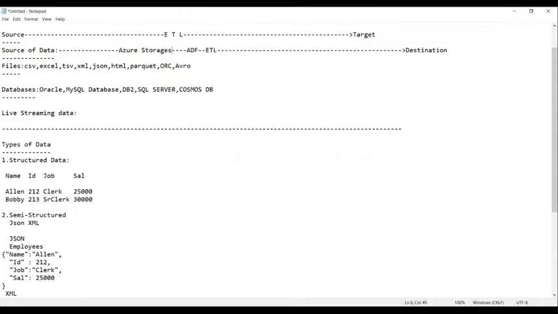From the Azure storages, the data will be picked up by the ADF, that is Azure Data Factory, and then ETL will be performed using Azure Data Factory, and finally the data is sent to the destination. Am I right, everyone?